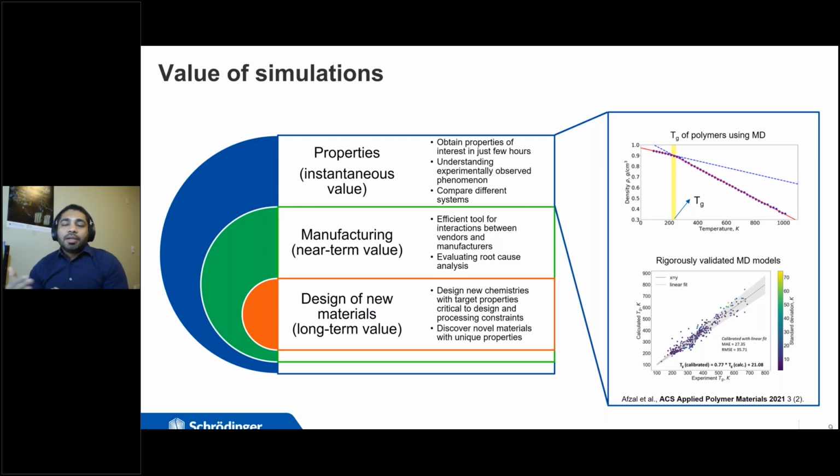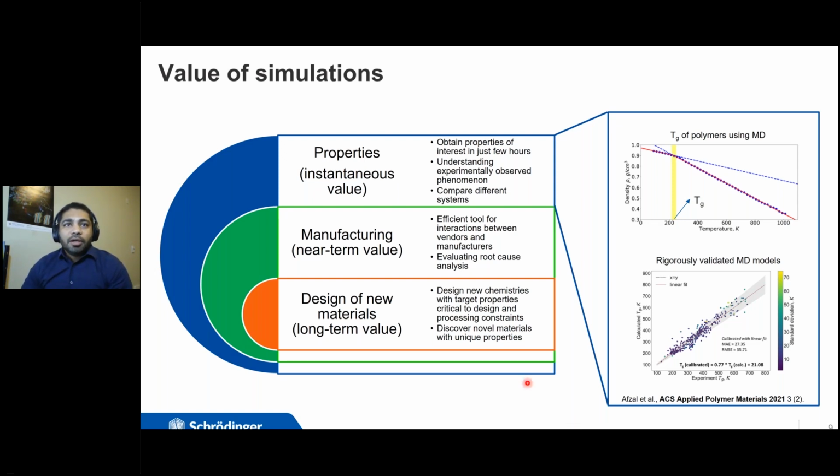We can understand the behavior in terms of the concentration of a component and how it impacts the glass transition temperature, whether it's going to increase or decrease when we change a certain component. And of course, we can also make comparisons across different systems. For example, if we have a bunch of systems, we can rank order them based on properties of interest.